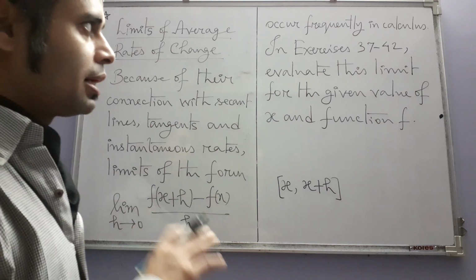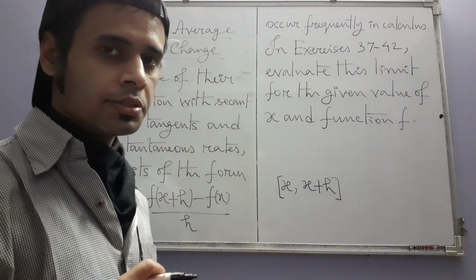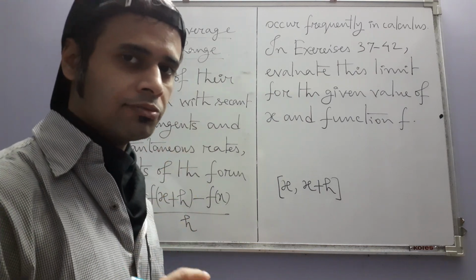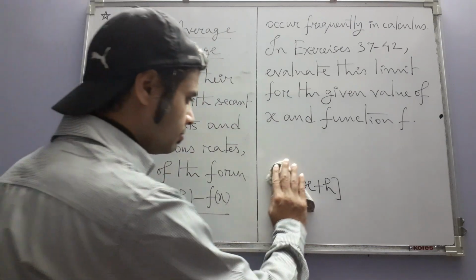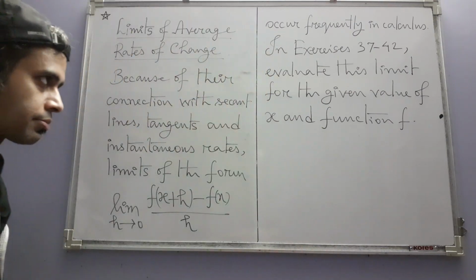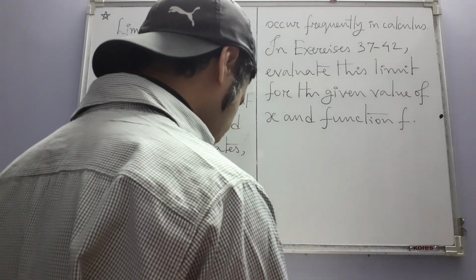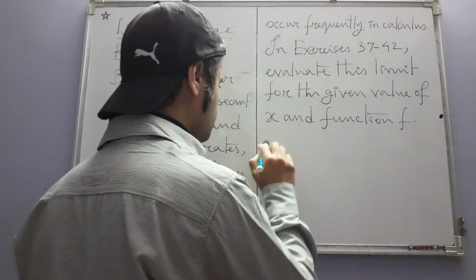And here also we are not going to solve all of this, but I will just solve one, leaving the rest to you. They are all similar to one another.